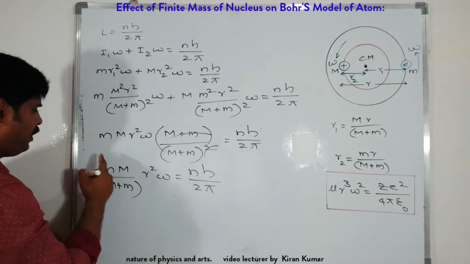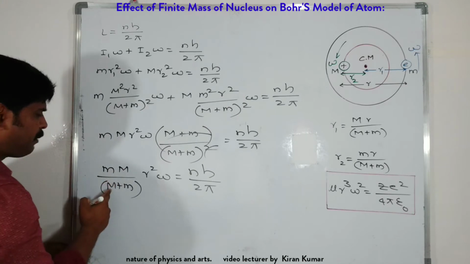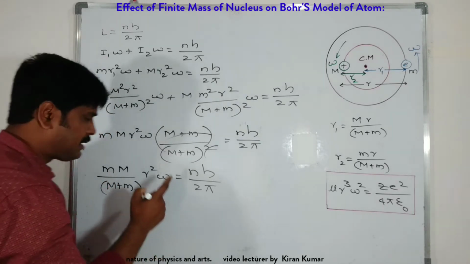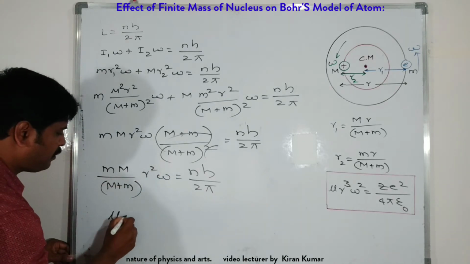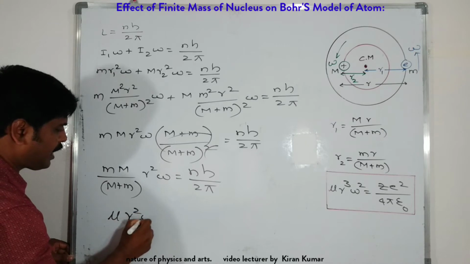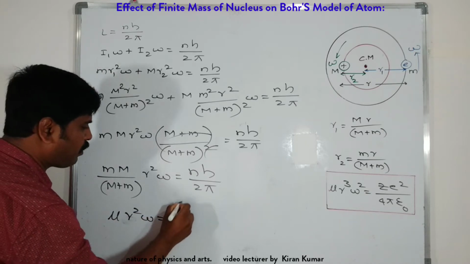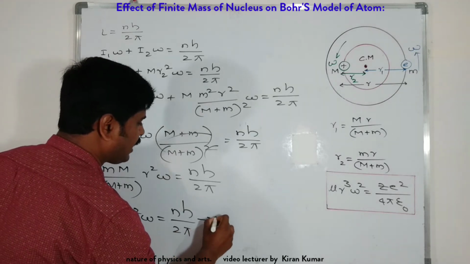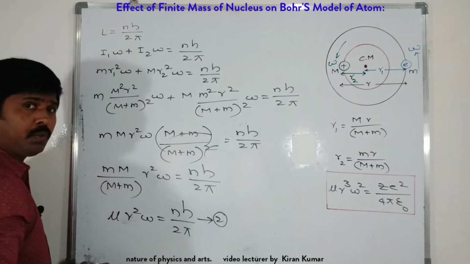So this small m capital M divided by capital M plus small m represents the reduced mass. That's why mu into r square omega is equal to nh by 2 pi. This is taken as equation number 2.